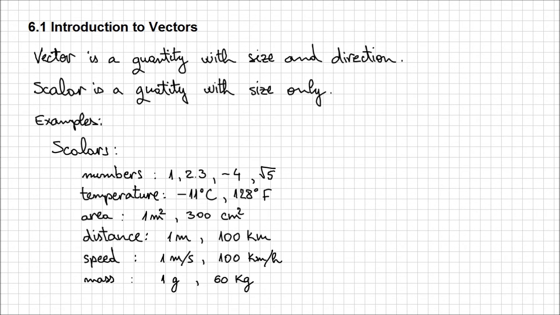Now, let's look at some examples of vectors. Displacement, for example, which is the correspondent of distance. But if I say 1 meter at an angle of 75 degrees, that's already a vector. It's a displacement vector because it has a direction attached to it, not just the dimension of the distance.